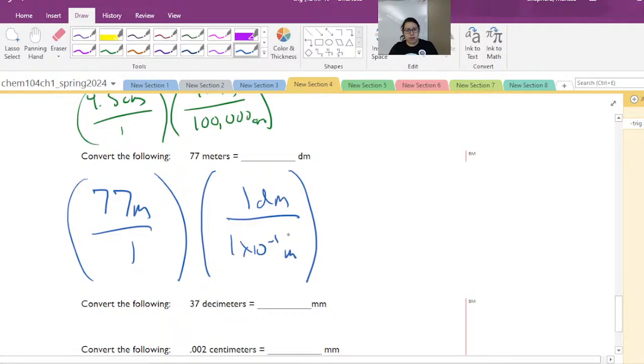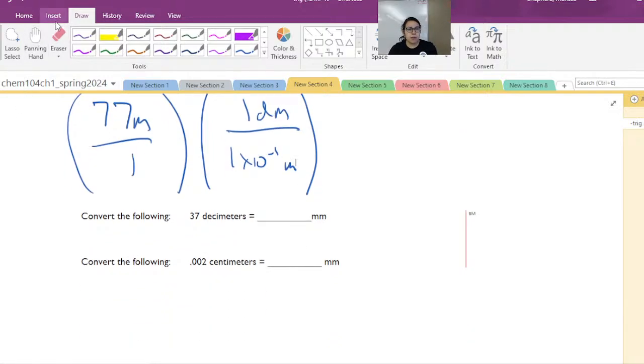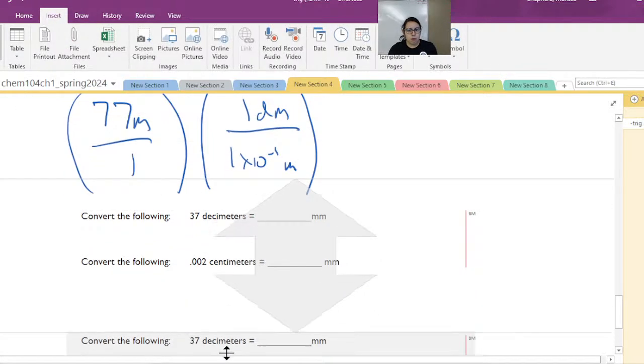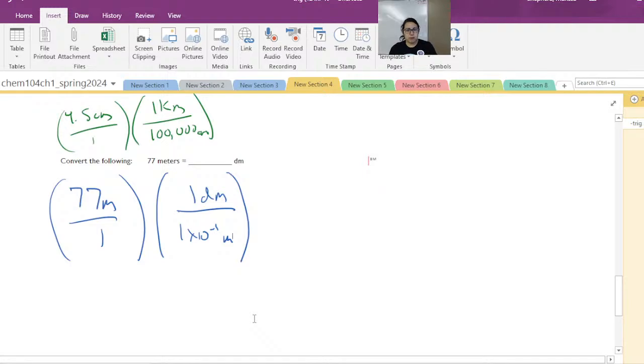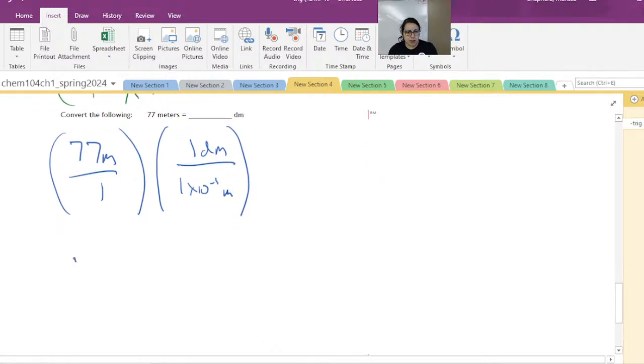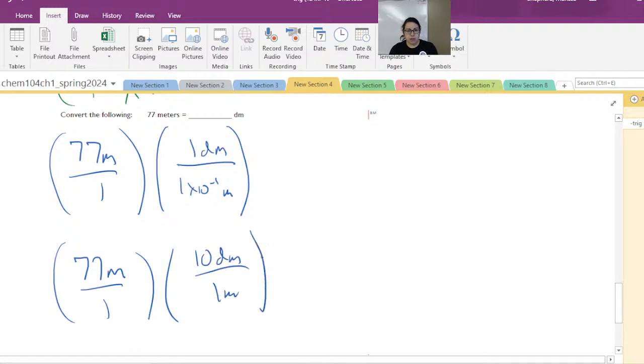That is fine. You could use the negative exponents, or personally I use the positive one, and they mean the same thing. So 77 meters equals... there are 10 decimeters in 1 meter.